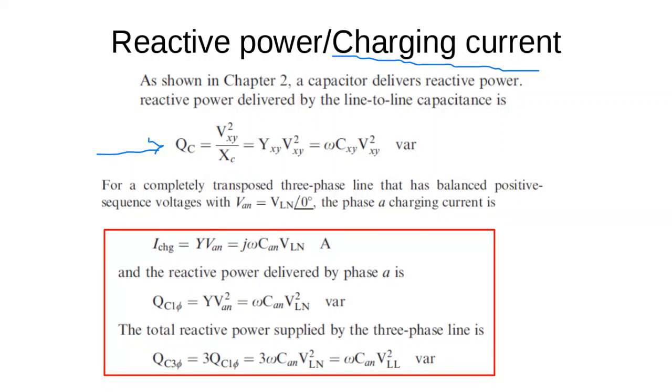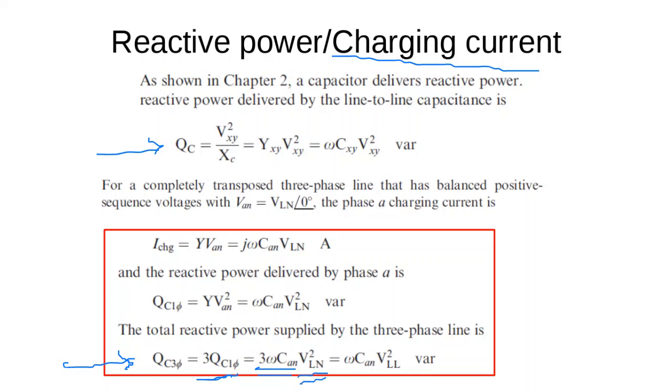All right. Therefore, we can determine what Q is. Q for your three phase will be three times the single phase. After we find the capacitance, you multiply by 3 times omega. 3 is the three phases, and multiply by V squared line to neutral.